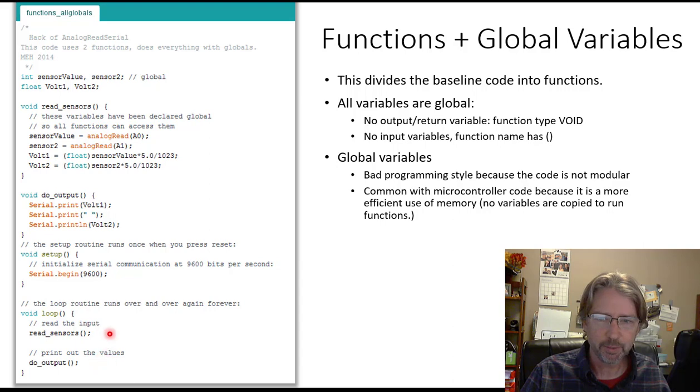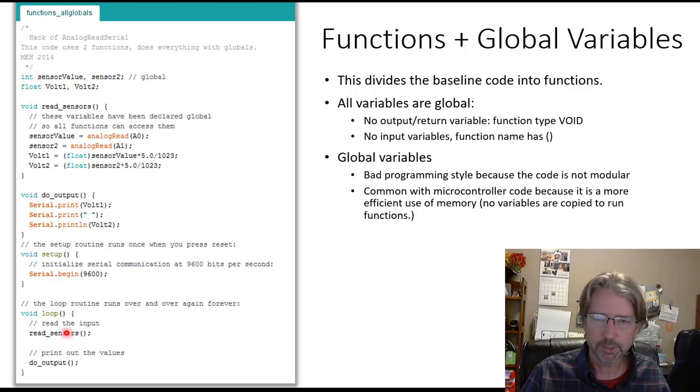So this is very readable, and you can see what's going on right away. And then as we want more details, we can look at the read sensor function, which is defined up here. And we can see what it does. It's basically copying and pasting of the original code and putting everything into the global variables that we define up here. So we read the two analog pins, we convert them to voltages, and they just hang out in global memory.